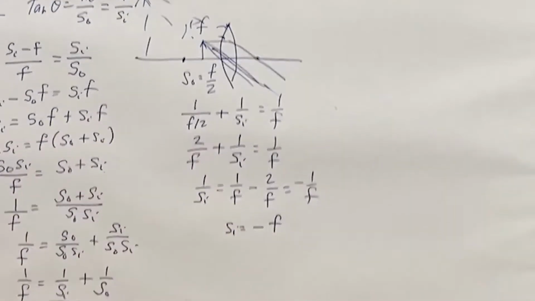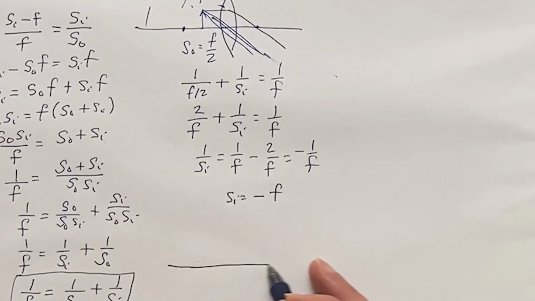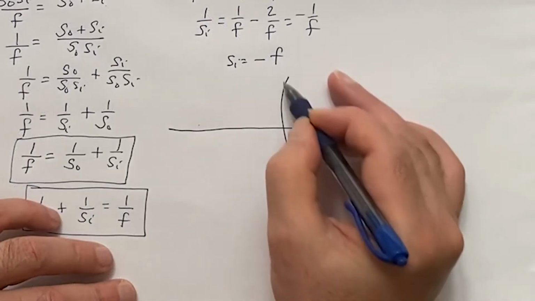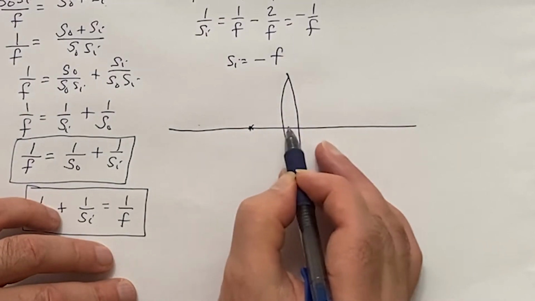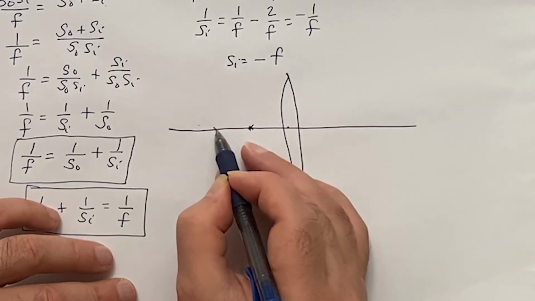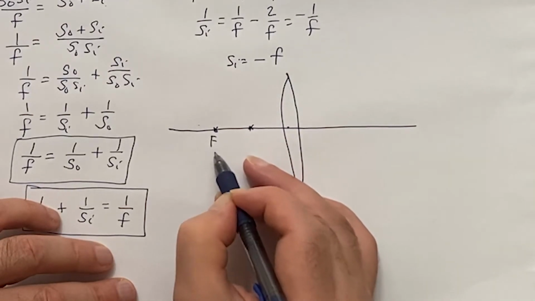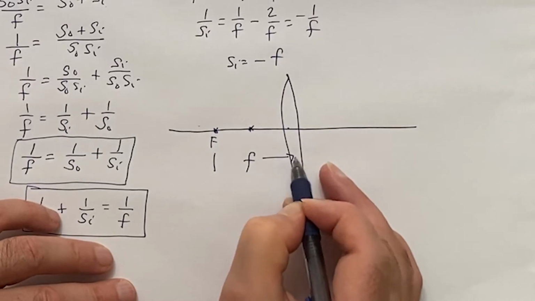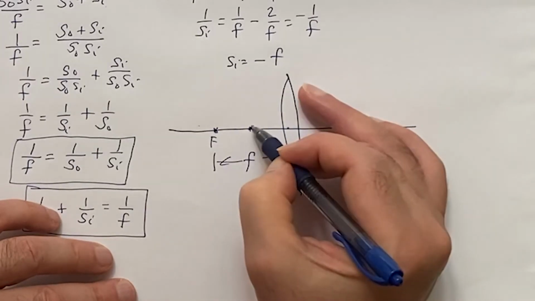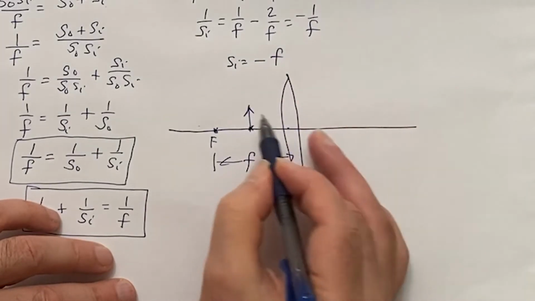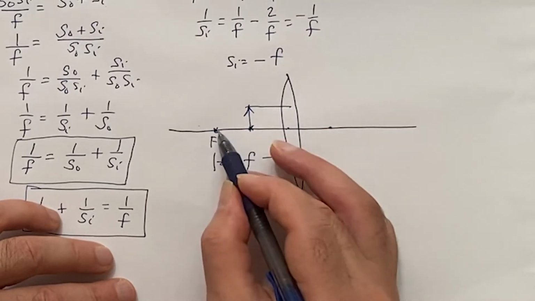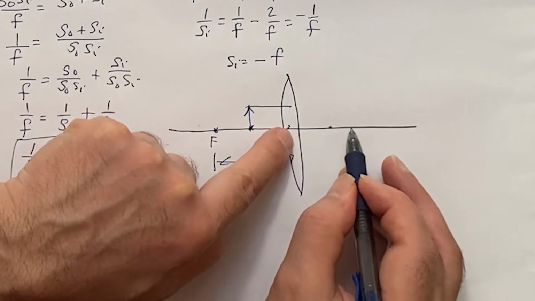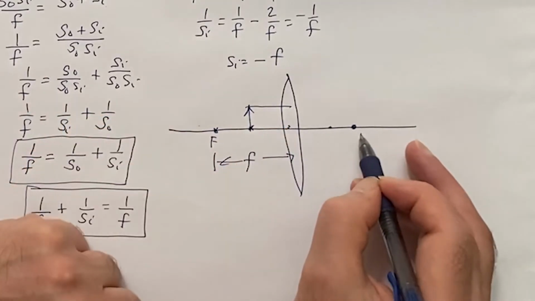Okay, we've got to draw this one more carefully now and see if this is the case. So we have this, and we have this. Let's say that's the halfway mark, and this is the F over here. So there's the distance away from the lens. And if you put it in the middle, like that, and you come here, now this big distance has to be the same on this side. So there's your F over here.